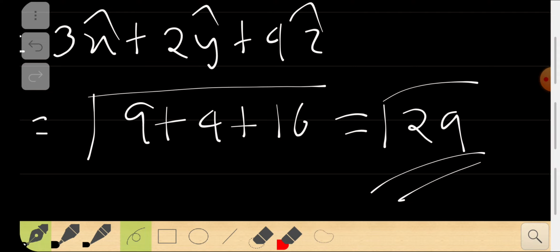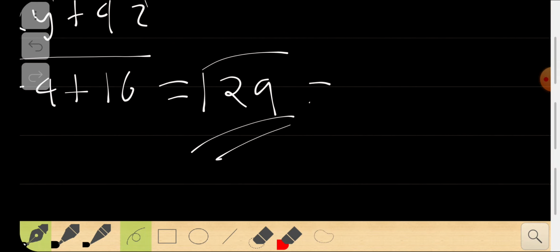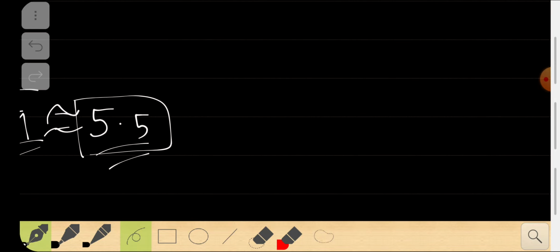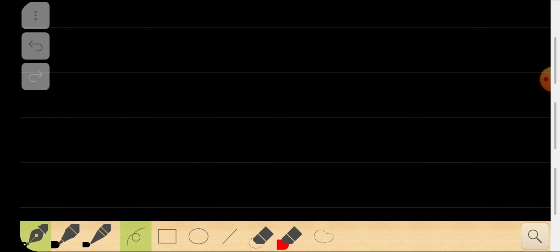So that's a basic distance. It will be approximately 5.4 or so. So that's how you represent a vector, that's how you find the magnitude, and that's how you introduce vectors into the system.